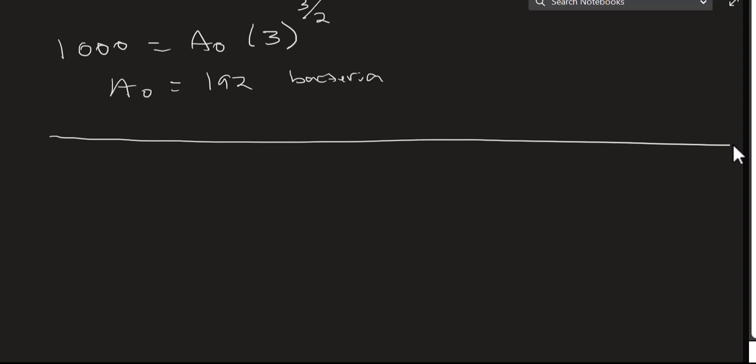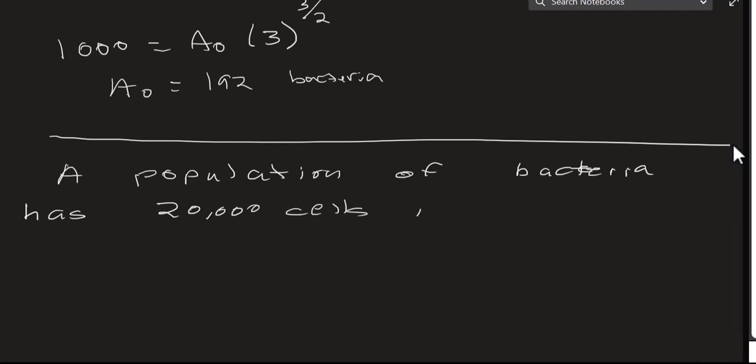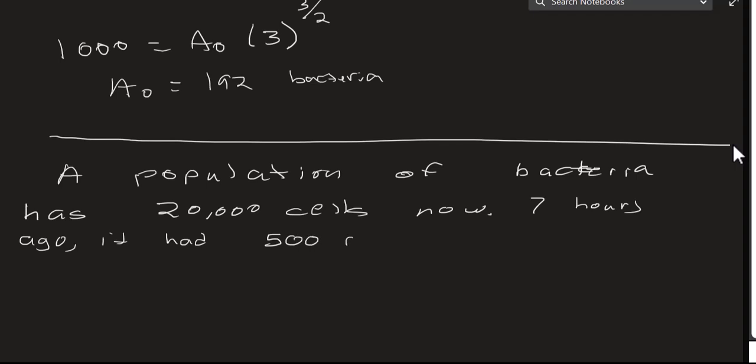So let's say that a population of bacteria has 20,000 cells now. 7 hours ago, it had 500 cells.